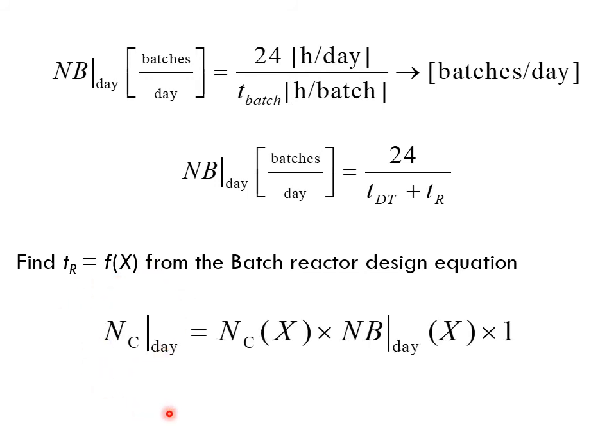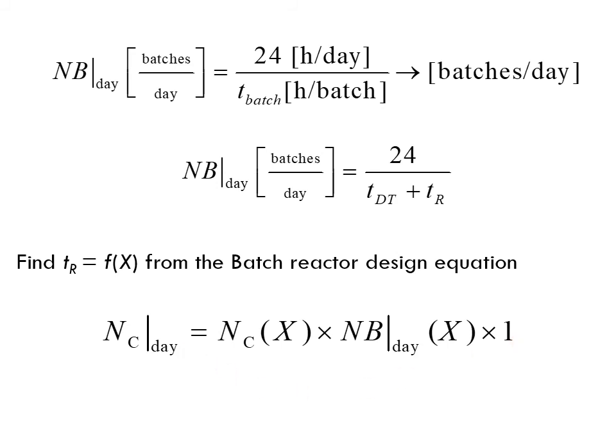Therefore, the number of moles of C produced per day equals, in this case, the number of moles of C produced in each batch, which is a function of X, correct? Higher X means more C you can produce per batch, times the number of batches per day, which is also a function of X because TR is a function of X, times 1, which is the number of reactors that we have.